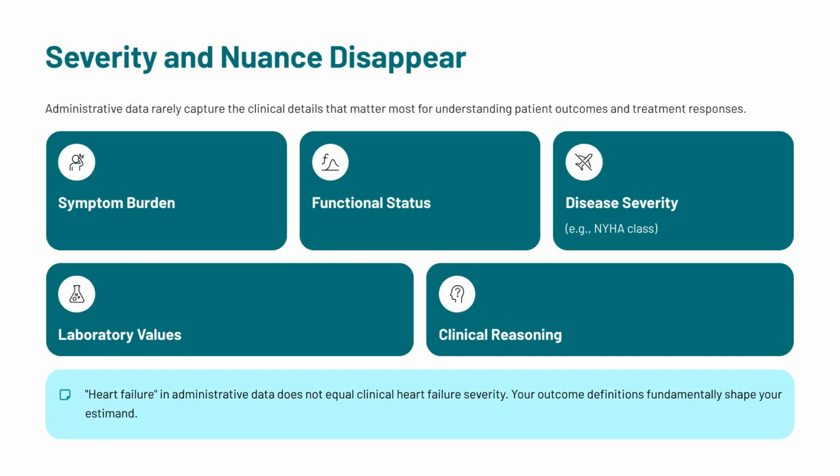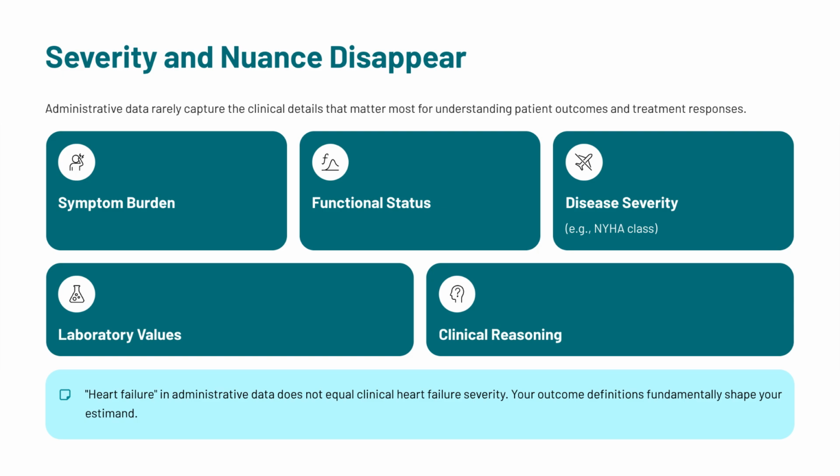Beyond the impact of misclassification on our treatment effects, we also need to think about what is being captured in admin data and what gets left behind. Even when a code is technically correct, this data often misses the details like symptom burden, functional status, disease severity, laboratory values, and clinical reasoning. For example, a hospitalization record with a heart failure code does not tell you how severe the condition was.